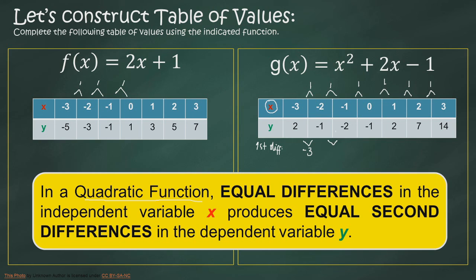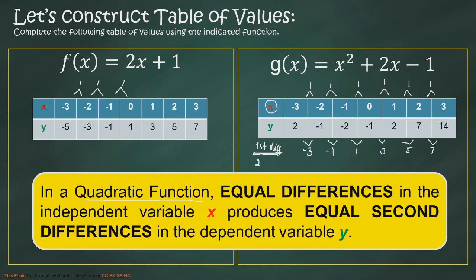And then we have negative 2 minus negative 1, that is negative 1. And then we have here negative 1 minus negative 2, that is positive 1. And we have 2 minus negative 1, that will be 3. Here, 7 minus 2, that will be 5. And then 14 minus 7, that is 7. So that's the first difference.